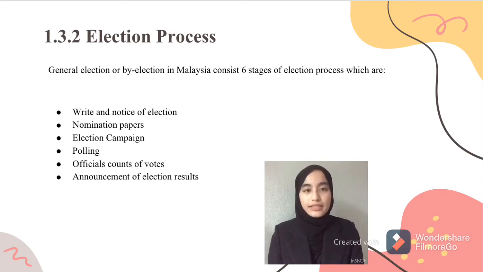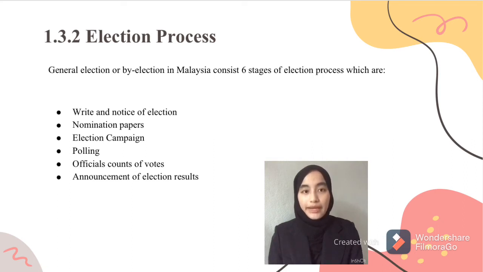The candidates need to pay the deposit for the campaign: 5,000 ringgit for the election of Parliament and 3,000 ringgit for the election of the State Legislative Assembly. The Election Commission will observe the campaign to make sure that all the candidates follow the rules.